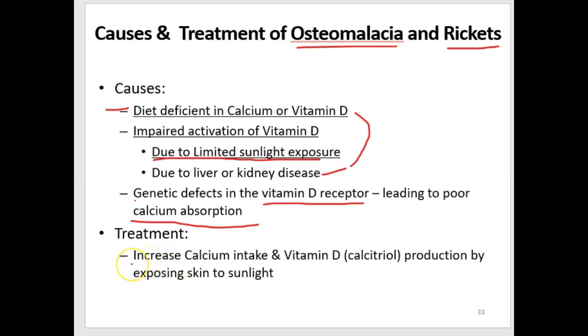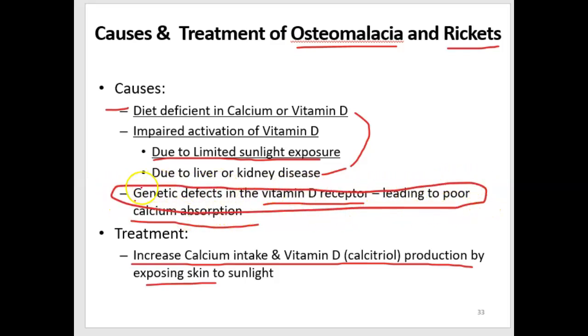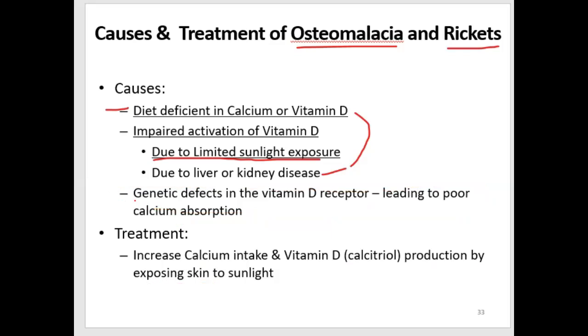So the treatment is typically to increase calcium intake and vitamin D, either by exposing to sunlight or by taking in orally vitamin D. Now if you have a genetic defect with the vitamin D receptor, I do not know how they treat that. I don't know if you can do gene therapy or not.